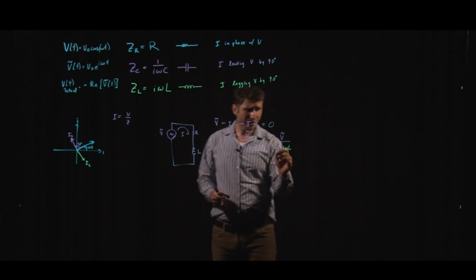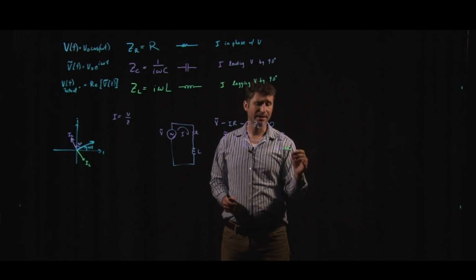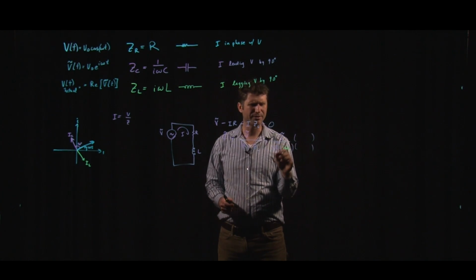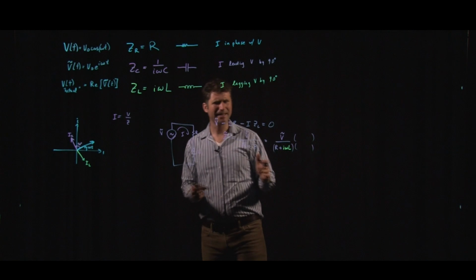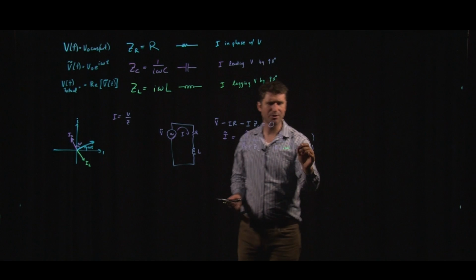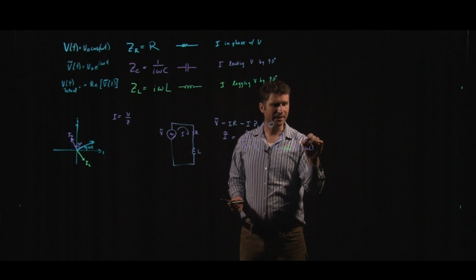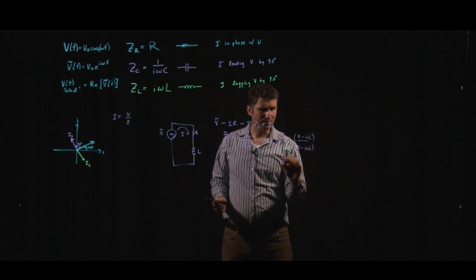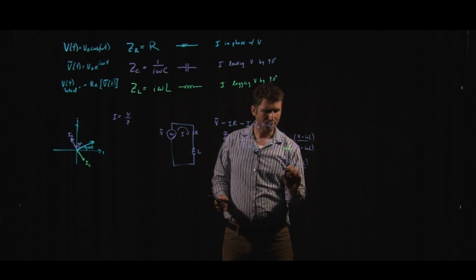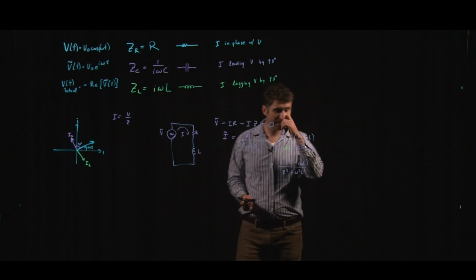I know that I can multiply top and bottom by a complex number to get the complex number up on the top, because it's harder to immediately look at this and say whether the current is going to have a phase shift forward or backwards. So I'm going to write R minus i omega L, and I'll be left with V squiggle times R minus i omega L over R squared plus omega squared L squared. So this is cool, I'm actually getting somewhere.